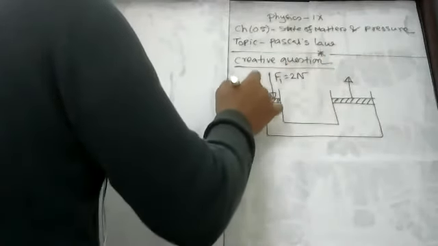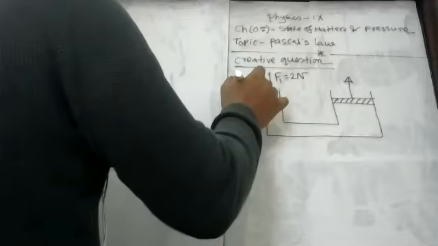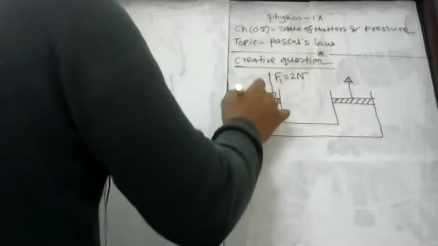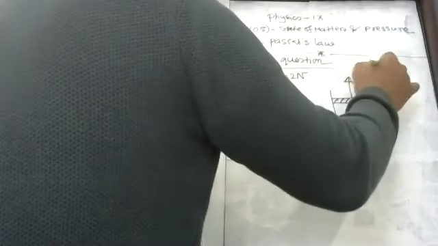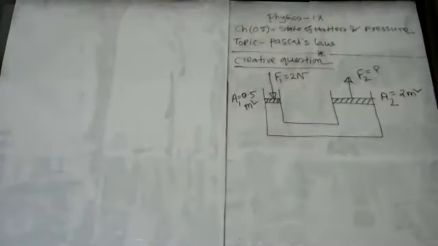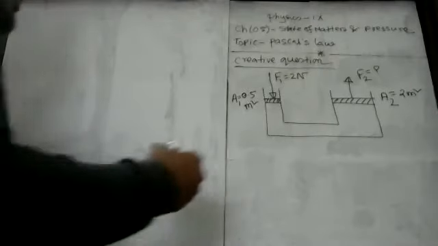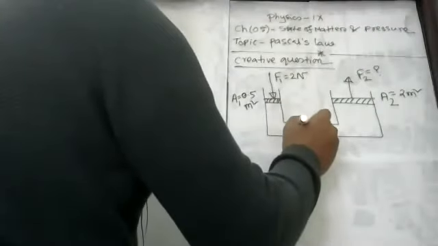Area of cross section A1 equals, suppose, 0.5 meter square. Force F2 will equal what? Area of cross section A2 equals, suppose, 2 meter square. These are the information available in the figure. This hydraulic press has some liquid, water, in it.